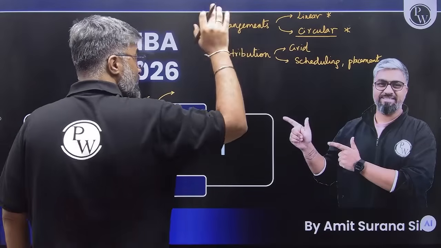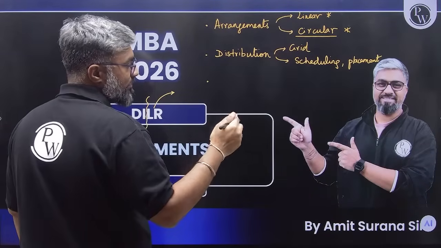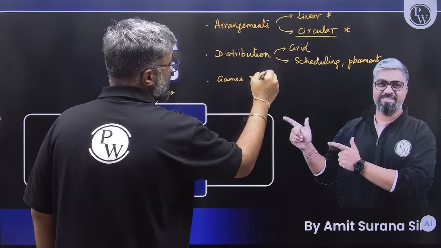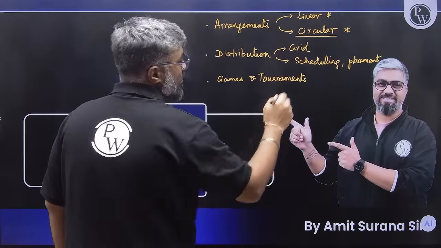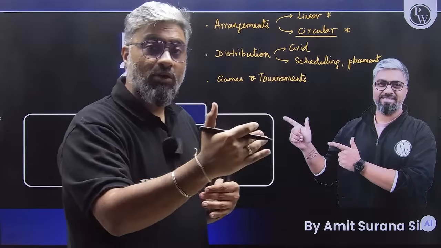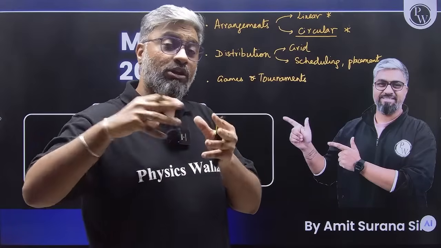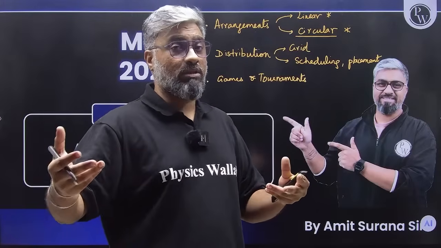Then, based on distribution, which is a very important area when it comes to games and tournaments, in most cases you're basically distributing points, making a schedule for the tournament for the situation that is given. You're distributing the points with respect to winners, draws and losers of a match.